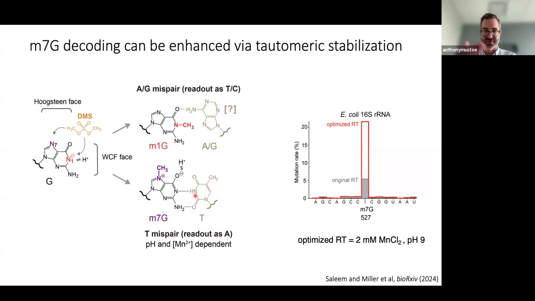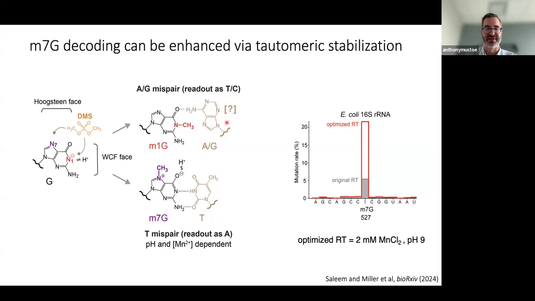Reading the literature, there's support for this, that basically an N7 modification is going to stabilize this enolate form of the guanine, which would then be decoded via the classical, standard base pairing interactions as a T. Conversely, we suspected that these N1 modifications are probably being read out as T and Cs through some type of syn base pairing interaction.